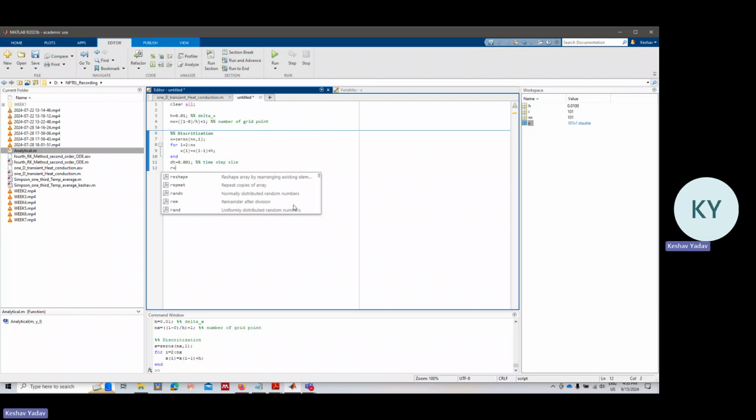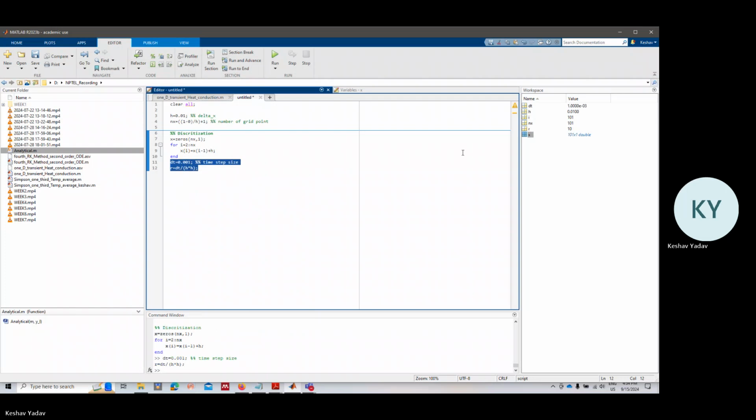Now I will define R equal to what? R is dt divided by h square, h multiplied by h. So this is my R.